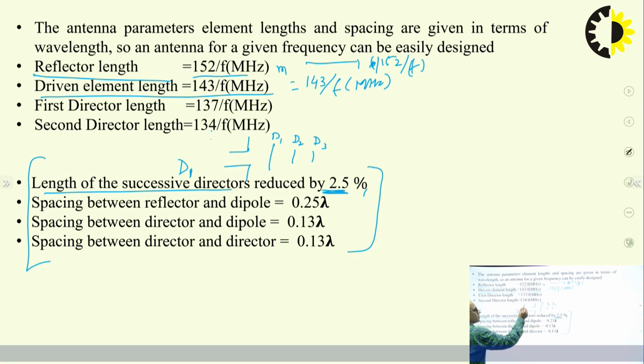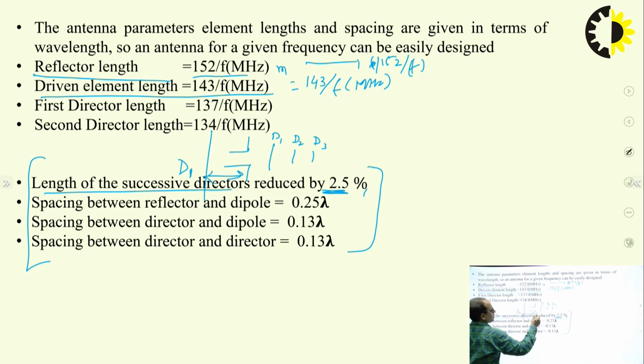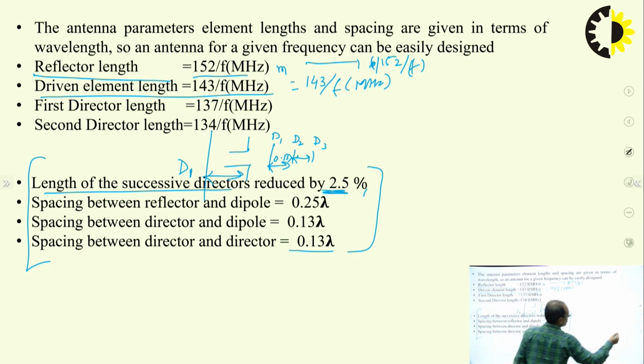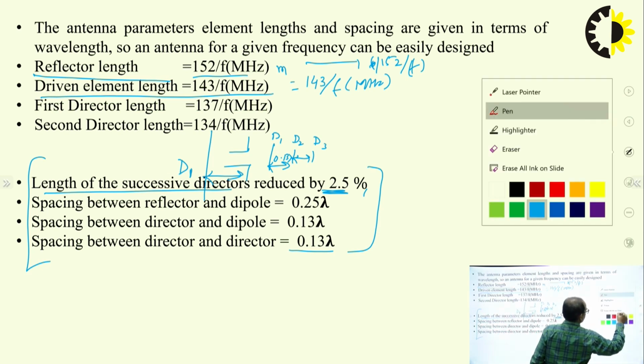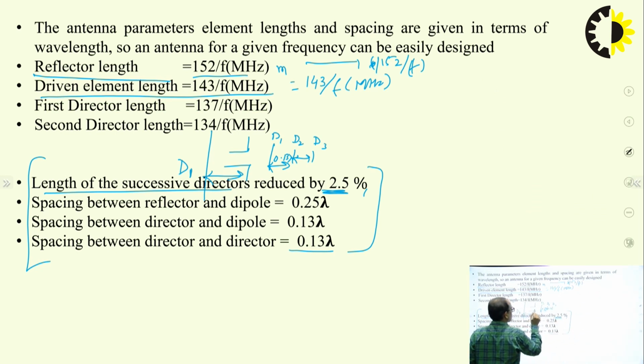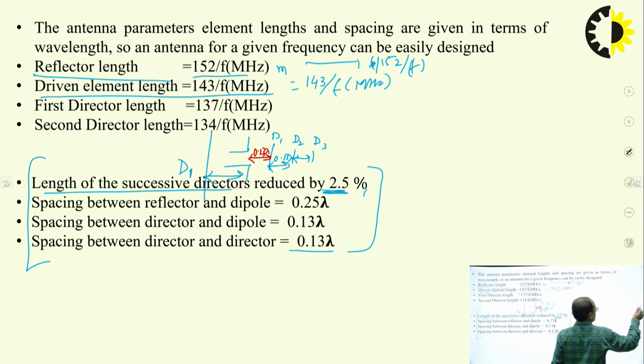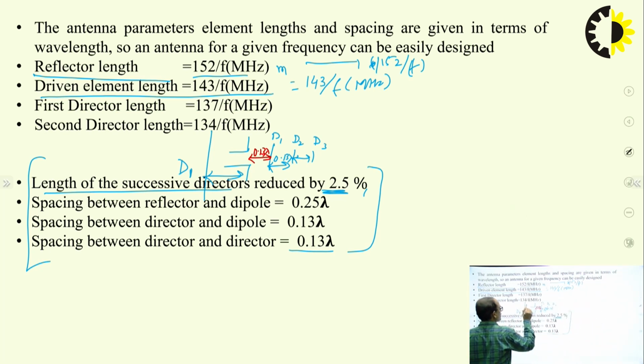The spacing between the directors should be equal to 0.13 lambda, and the spacing between the director and the dipole should also be equal to 0.13 lambda, and the spacing between the driven element and the reflector should be equal to 0.25 lambda. These are the design equations for constructing a Yagi-Uda antenna.